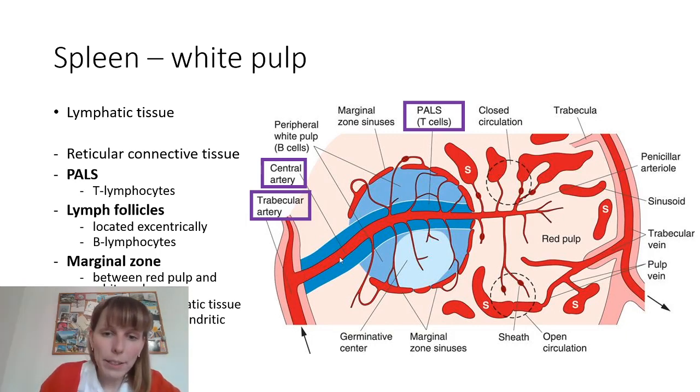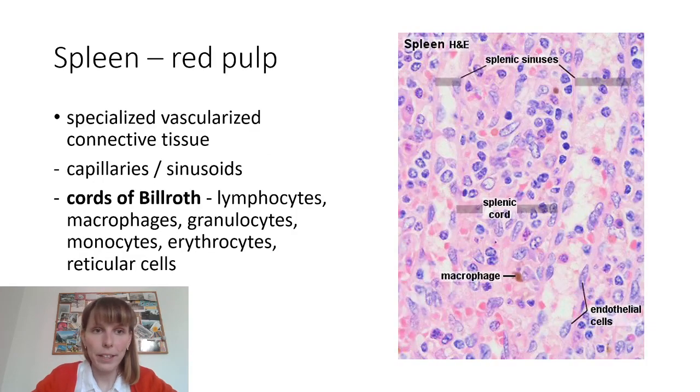And from this, the central arteries are branching off, which are covered in PALS, T lymphocytes, and they go into the B lymphocyte dependent area, the lymphatic follicles. Then the blood goes into the red pulp, which is where you destroy the dead red blood cells, the red blood cells that are no longer flexible enough.